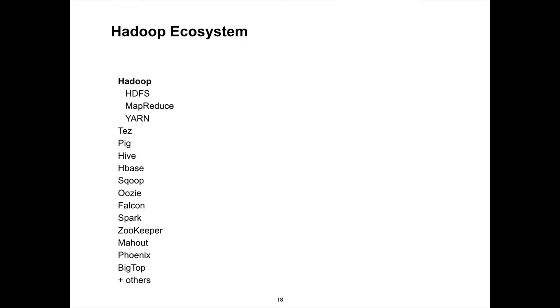But there's this whole ecosystem of things that exist now. And it goes on and on. There's Tez, Pig, Hive, HBase, Oozie, Falcon, Spark, Zookeeper, Phoenix, Bigtop. There's a bunch of others, right? And these are all big systems themselves that do various things.